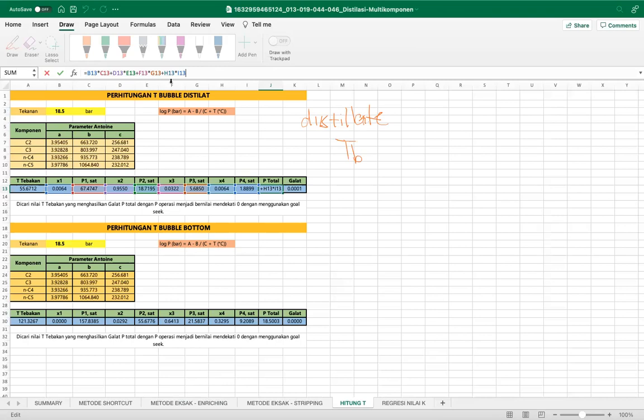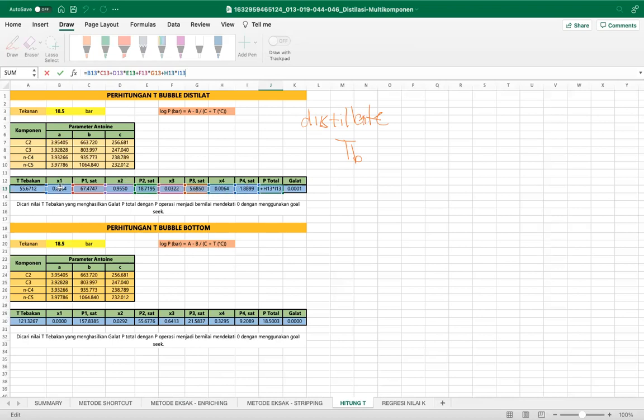In the T bubble, the total pressure should be the composition of 1, X1, multiplied by P1 saturated, plus composition 2 multiplied by P2 saturated, plus composition 3 multiplied by P3 saturated, plus composition 4 multiplied by P4 saturated.